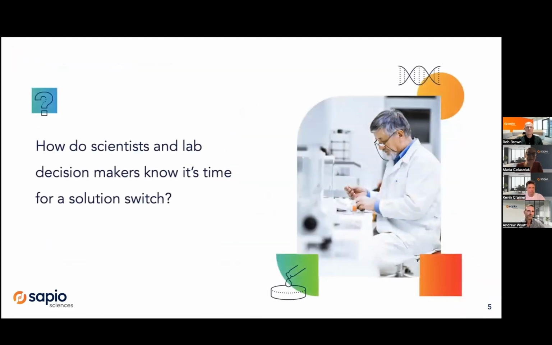Okay, so first question today is, how do scientists and lab decision makers know when it's time for a solution switch? Kevin, do you want to get us started? Sure. We haven't seen any one reason that people make a switch, but there's usually several different things we hear. Most frequently, I think the inflexibility of the application that they currently have is a driver for change.